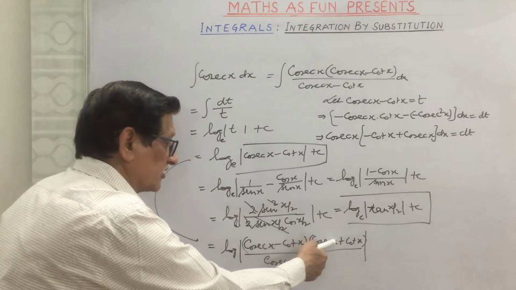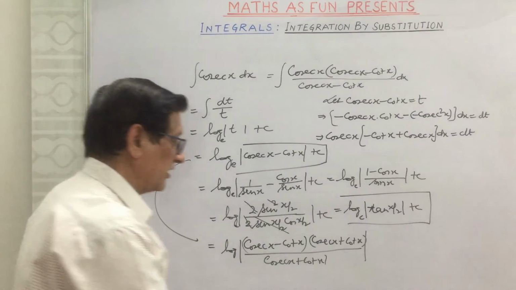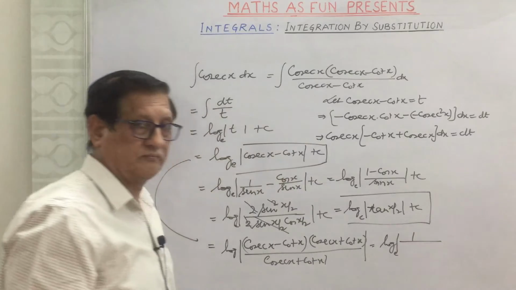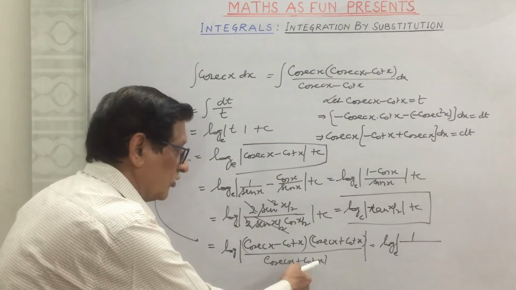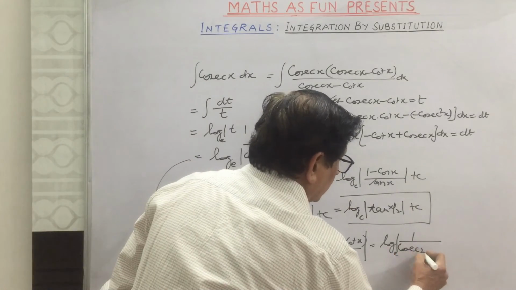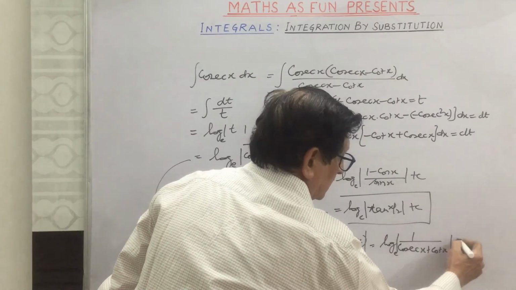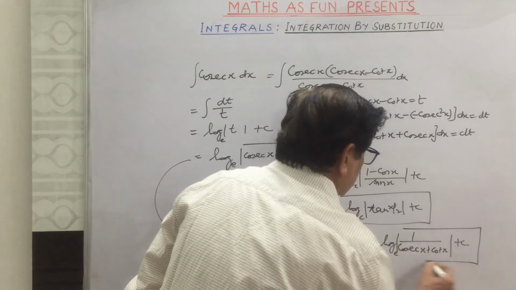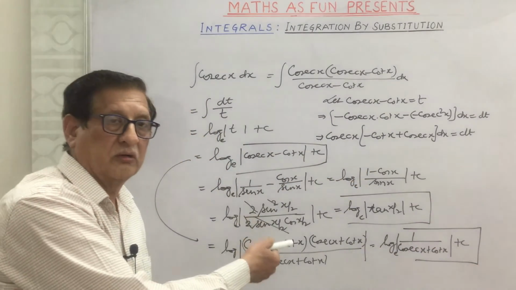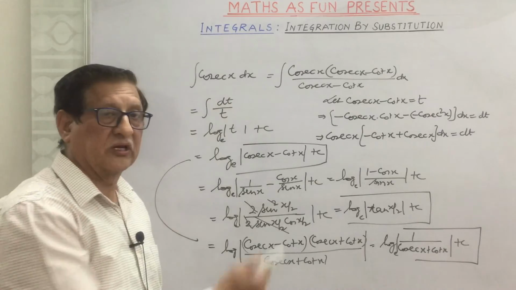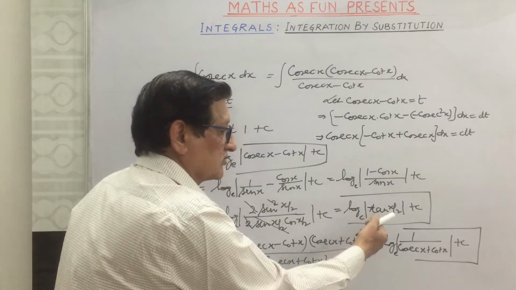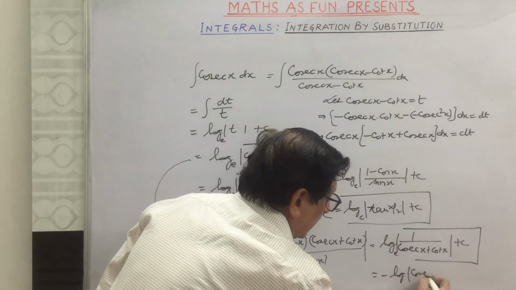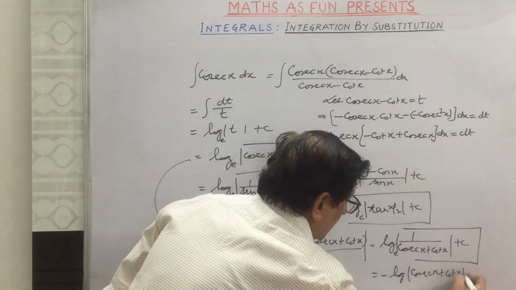This will be cosec square x minus cot square x, which will be equal to 1. And this is cosec x plus cot x. This can be used as the third formula for the integral of cosec x. We can also write this as minus log of cosec x plus cot x.